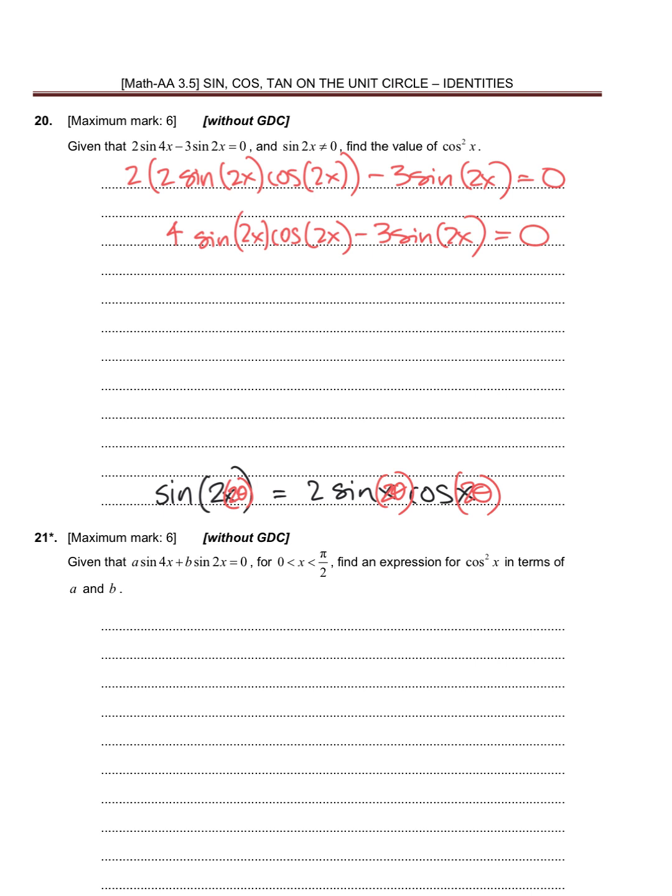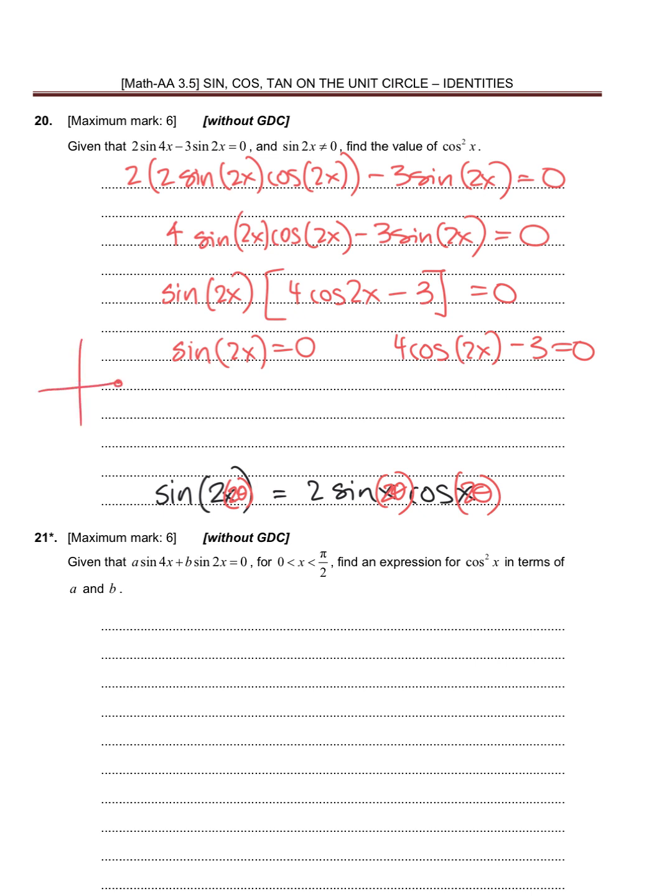Now we have to factor out a sine 2x. We're going to have 4 cosine 2x minus 3 is 0. So we're going to have sine 2x is 0, and we're going to have 4 cosine 2x minus 3 is 0. So sine is 0 here and here.